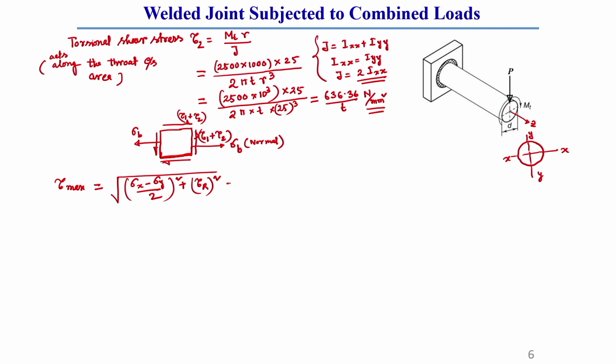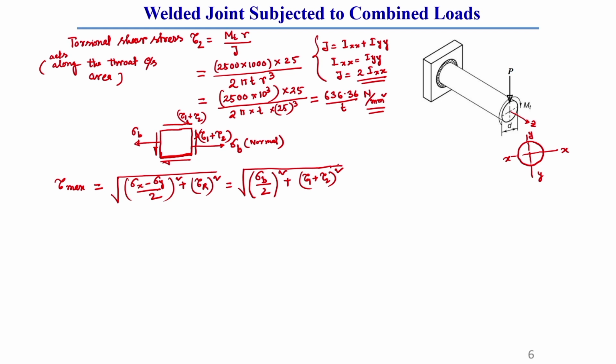Here only one normal component is there, that is sigma b. Sigma is the normal stress and tau is the shear stress, this you should keep in mind. That is why we have sigma b by 2 whole square, and the resultant shear stress here we are getting as tau 1 plus tau 2, this you should keep in mind.